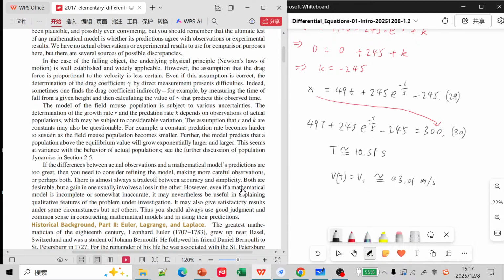However, even if a mathematical model is incomplete or somewhat inaccurate, it may nevertheless be useful in explaining qualitative features of the problem under investigation. It may also give satisfactory results under some circumstances, but not others. Thus, you should always use good judgment and common sense in constructing mathematical models and in using their predictions.